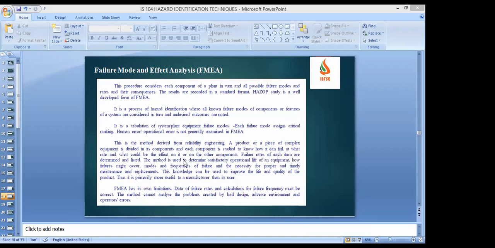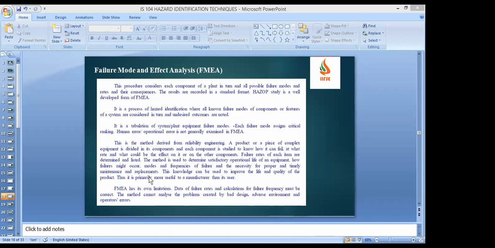The method is used to determine a satisfactory operational life of an equipment. For example, now they are giving 1 lakh kilometers for an engine. They will test the engine for 1 lakh kilometers, whether it is properly maintained or it is properly running or not. And it also studies how a failure might occur, modes and frequencies of failure, and also the necessity for proper and timely maintenance and replacements.